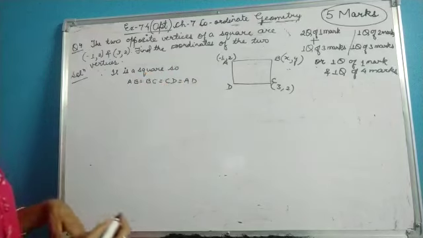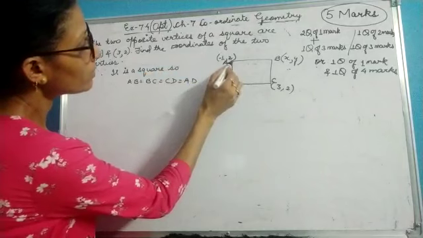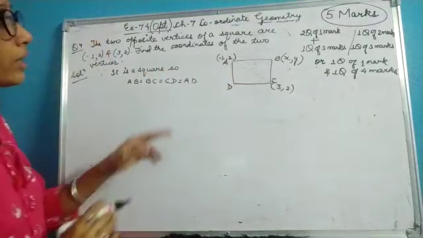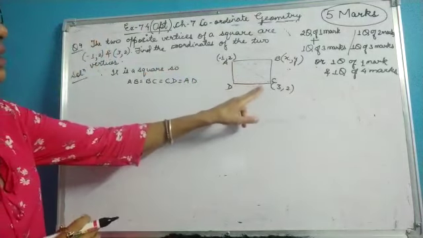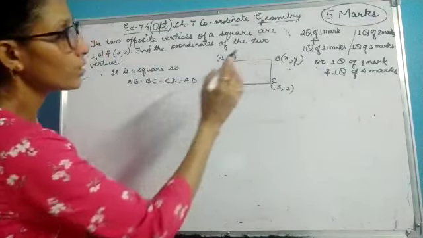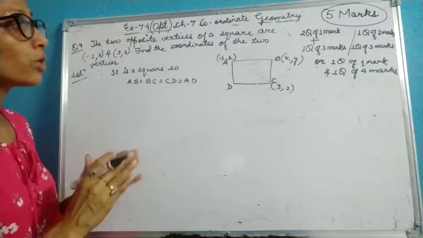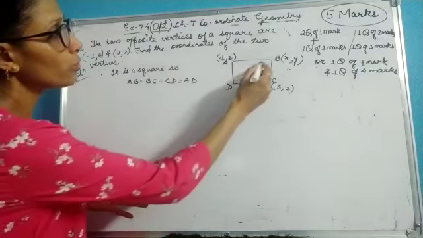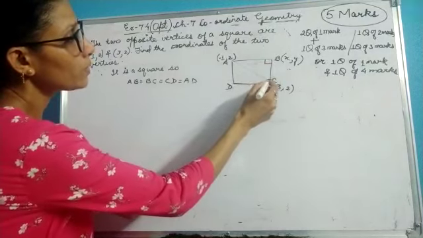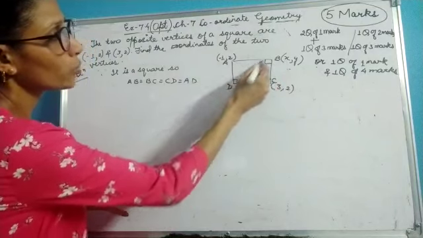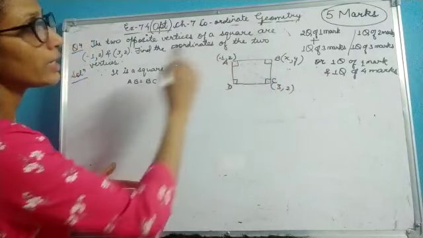This I can write. Now children, say if I join this A and C point, then this is one of the diagonals, and always remember whenever these types of questions are given, you need to use the property. You know, in a square, adjacent sides make a 90-degree angle.